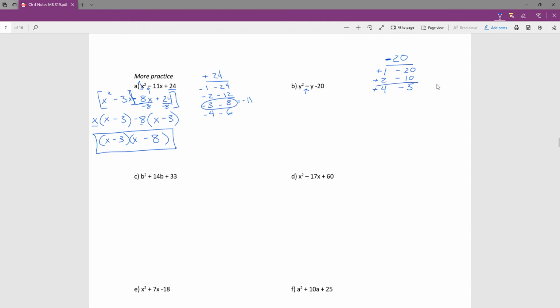And so that leads me to the solution here that +4 and -5 are going to be what satisfies my number puzzle or my AC test. So they're also the numbers that are going to decompose that middle term. So I rewrite it using those. And then I factor by grouping.